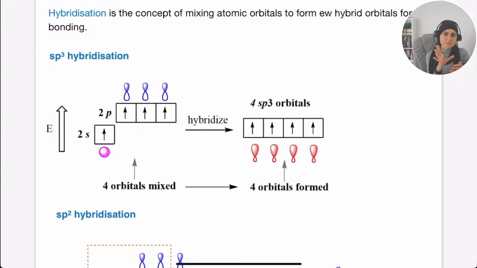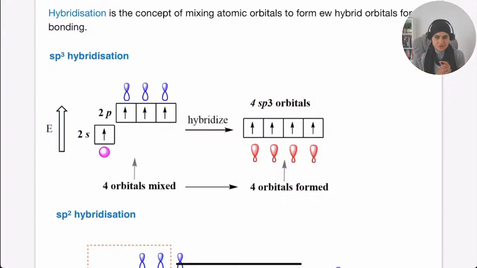They mix themselves in energy, somewhere in between the s and p energy of the original orbitals. This particular type of hybridization is called sp3 hybridization. Why? Because you're mixing one s orbital and 3 p orbitals, so s1 p3.